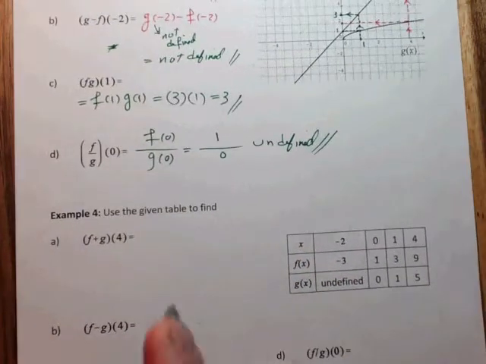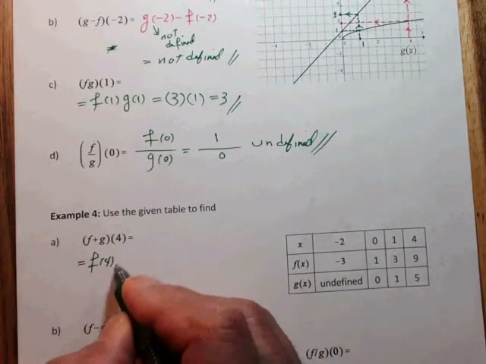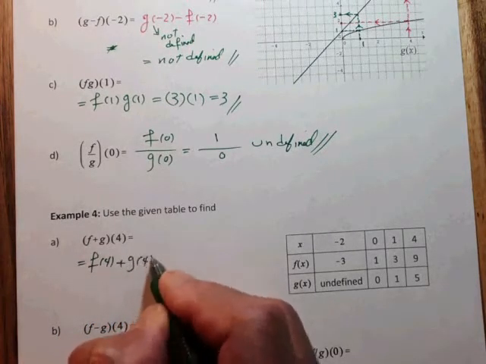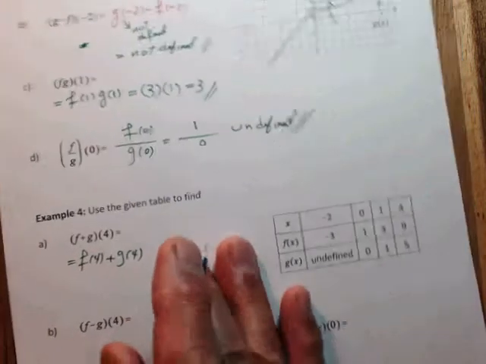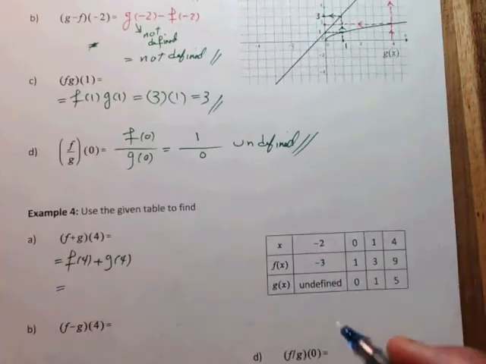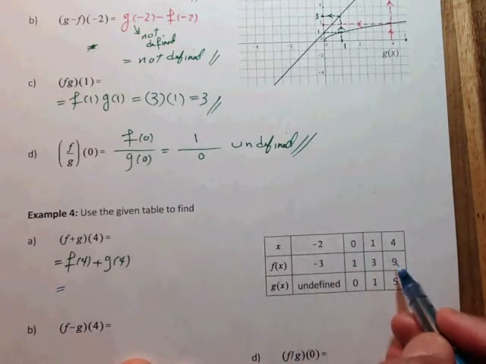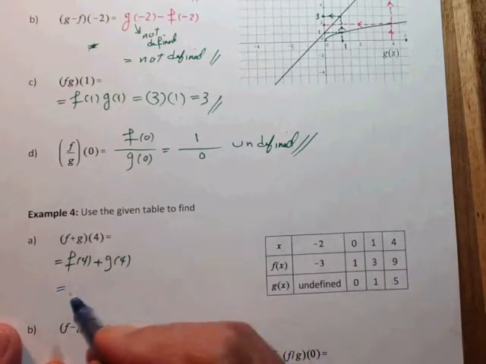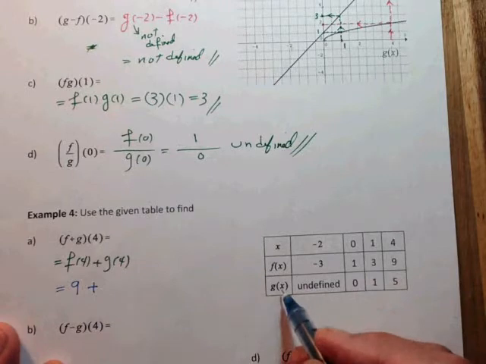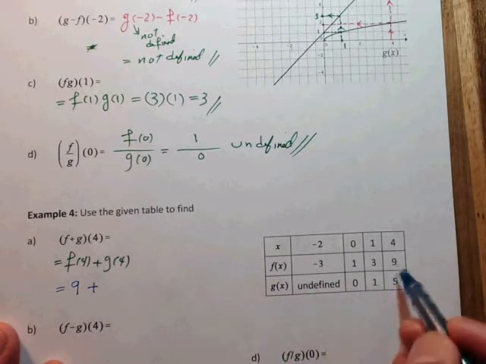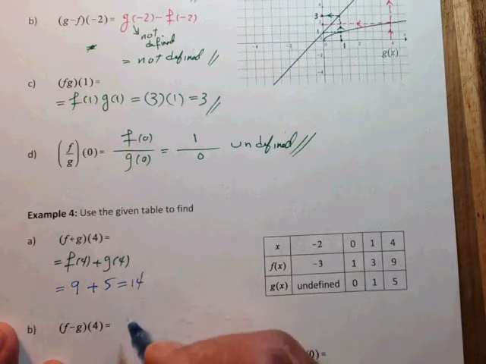F plus g at 4, which is by definition f of 4 plus g of 4. This is equal to f of 4. You see, this is f. If I go to 4, I get 9. G of 4, if I go to 4 for x, you get 5. So I get 14.